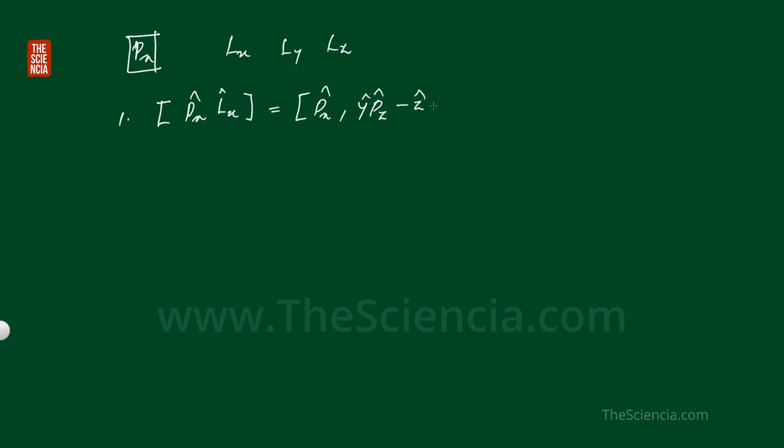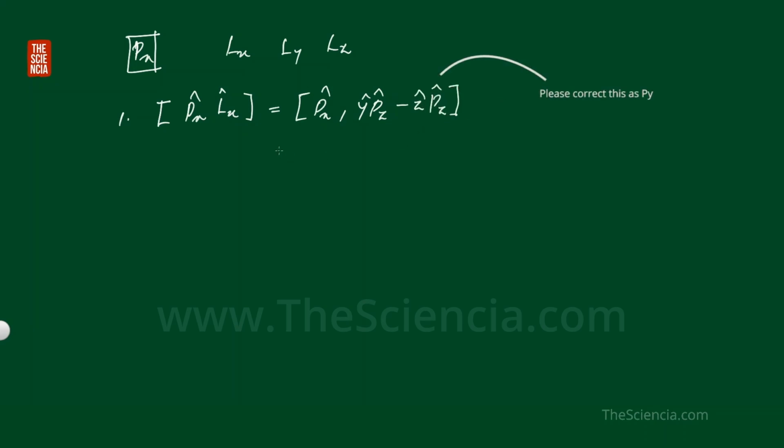Now we can consider the combination of px with Lx, Ly and the Lz. That is, first combination is Px cap Lx cap. That is equal to, we can expand this, that is Px cap, we know Lx cap is y Pz cap minus z cap Py cap.